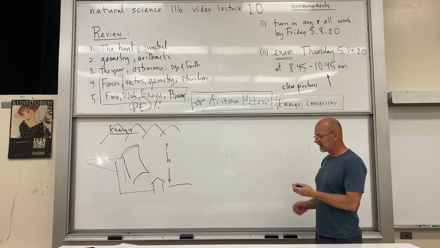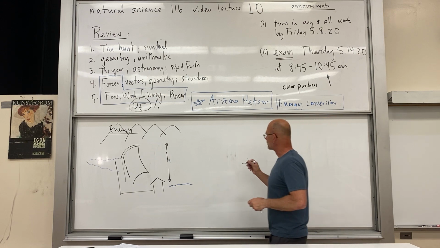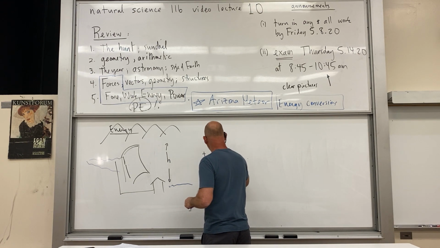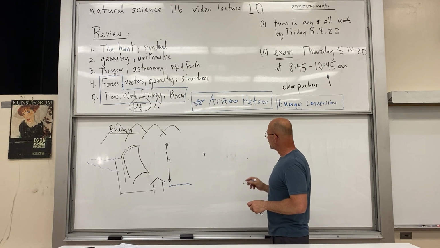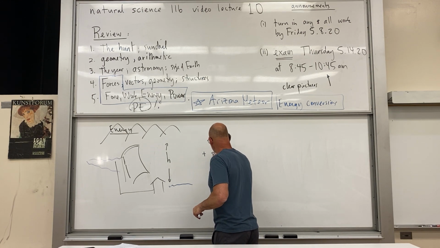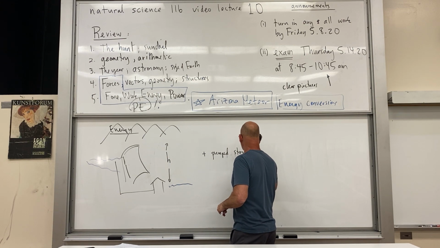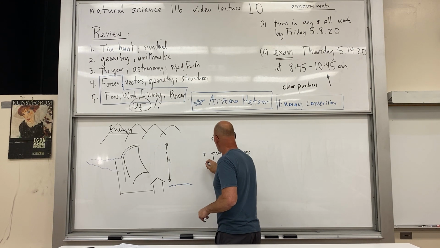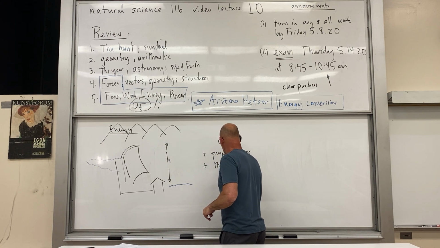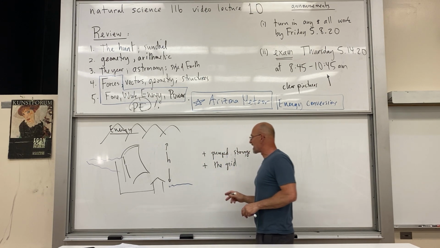So I'm just going to write here plus, just to indicate what could be on the list. Pump storage, and the grid is in here because that's what ties everything together.